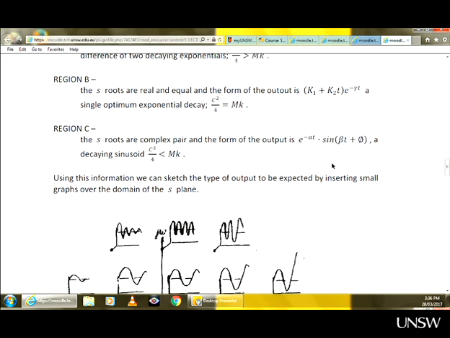Third case, region C, when you have a pair of complex conjugate roots, then you will have a sinusoidal output, but with damped amplitudes, with damped oscillations. So there is a relationship, clear relationship, between where the roots are in the S-plane and how the system behaves.